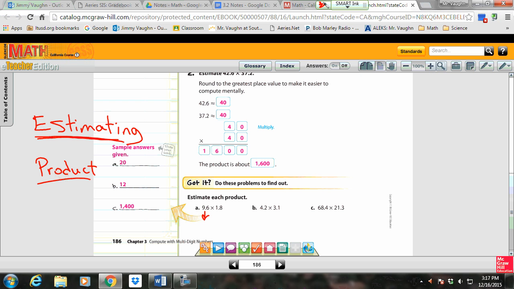So 9.6 is close to 10. 1.8 is close to 2, which equals 20. That's how it should be written. And there's the answer. 4.2 is close to 4. 3.1 is close to 3, and that equals 12. There you go. This one, 68.4, is it closer to 70 or closer to 60? It is closer to 70. If you didn't get that, look at the 6.